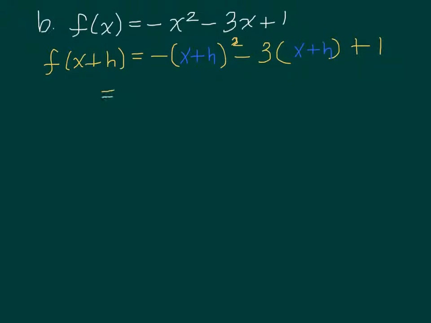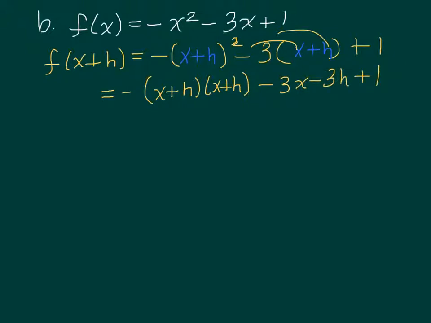A lot of students forget that that means to FOIL. That means you have to write it twice. And then over here, I'm going to distribute the -3. All right, so just leave that negative on the outside, and I'm going to FOIL it. First, outer, inner, and last.